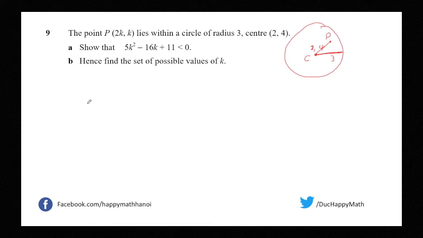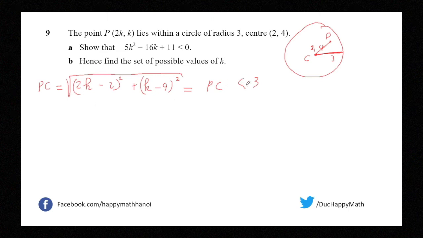So the formula to calculate the distance between P and C is the square root of (2k minus 2) squared plus (k minus 4) squared, which has to be less than the radius, less than 3.